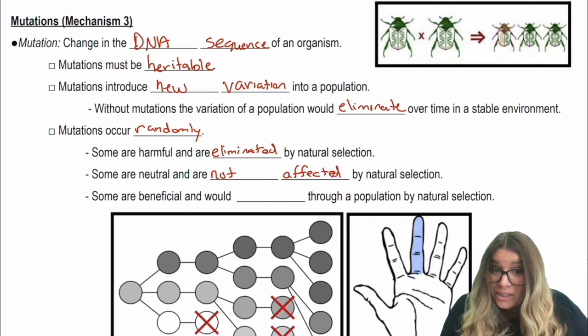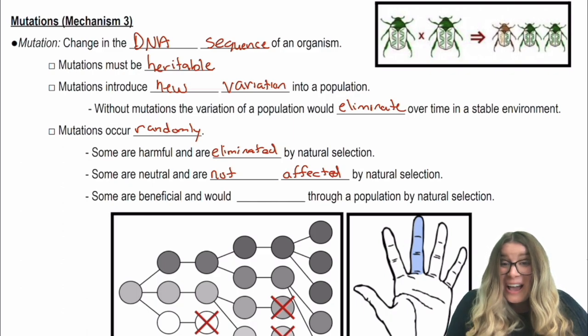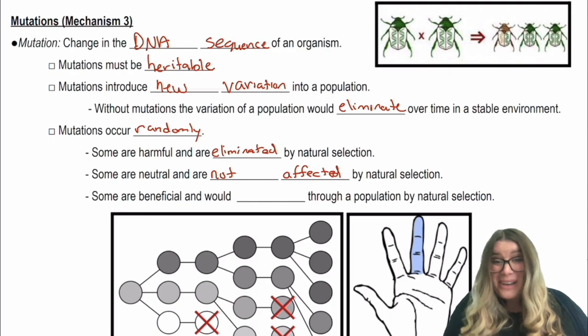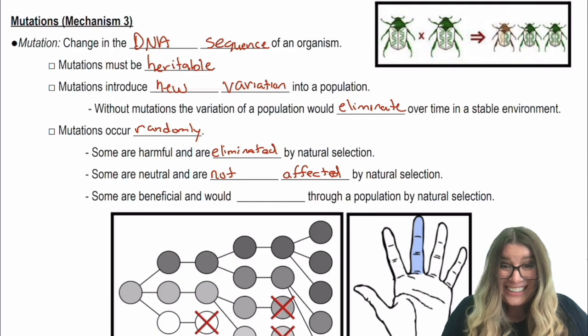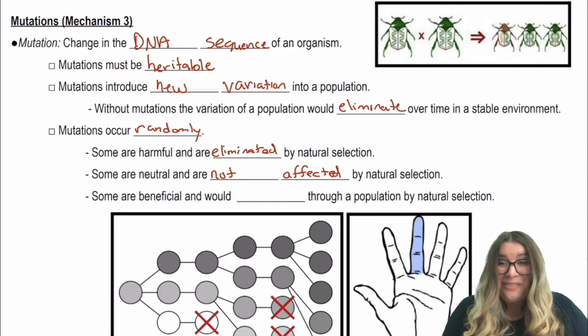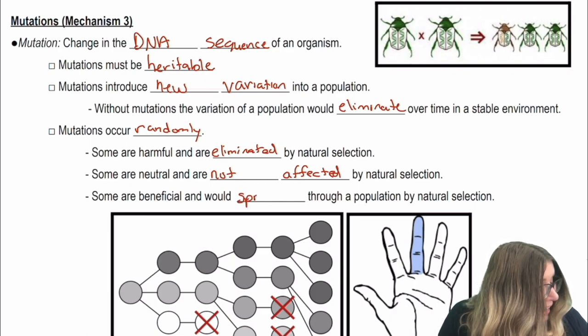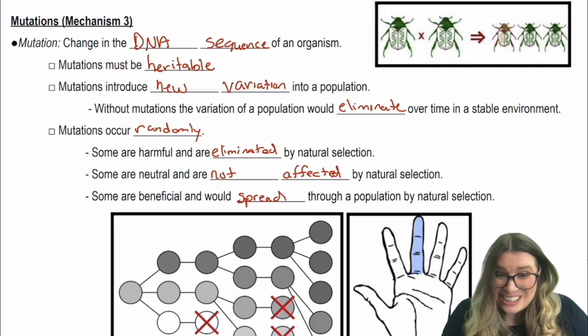So some mutations are neutral, which are not affected by natural selection. And the third type of mutation that we can get by random chance would be a beneficial one. A beneficial one would give us a better chance to compete, survive, and reproduce in our certain environment. So because of that, it would spread through a population by natural selection.